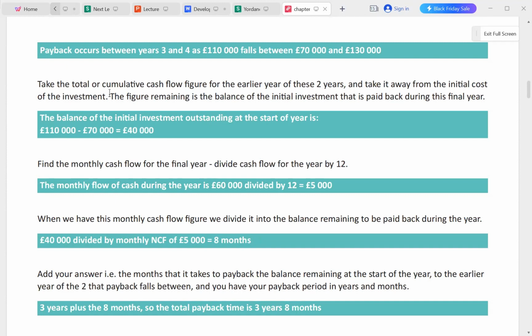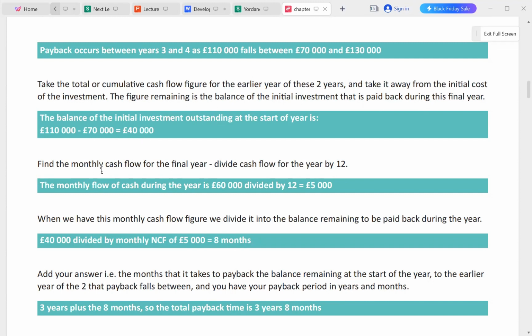Take the total cumulative cash flow figure for the earlier of these 2 years and take it away from the initial cost of the investment. The figure remaining is the balance of the initial investment that is paid back during this final year. So we take, as this slide recommends, the initial investment, which is 110,000, minus the second year payback, which is 70,000, and we get the difference, 40,000.